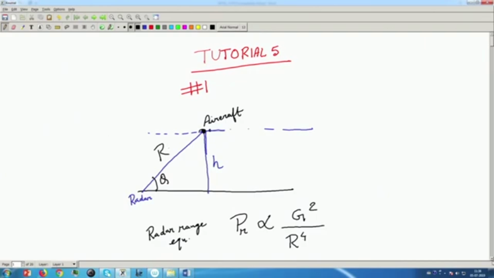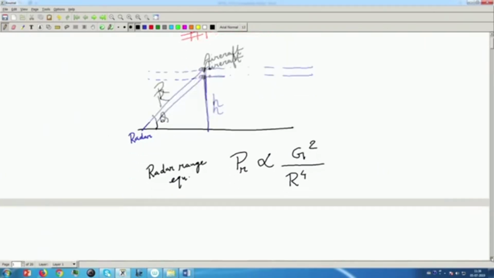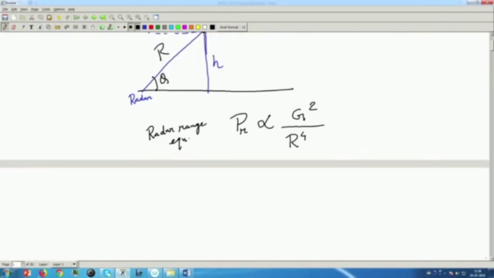Also, it is said that the antenna gain function is proportional to cosec square theta. This is the meaning.